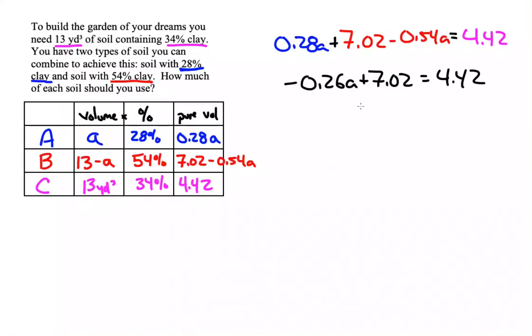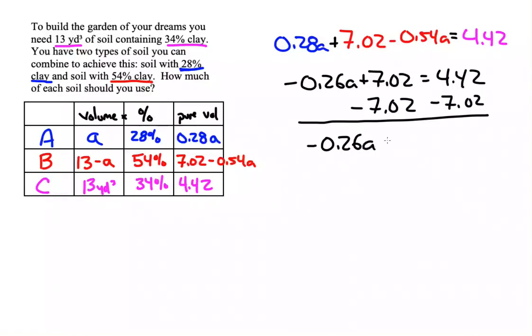Then I subtract out 7.02. If I do it on one side, of course I have to do it on both sides because of balance. Do that out, and I get negative 0.26A is going to equal negative 2.6.